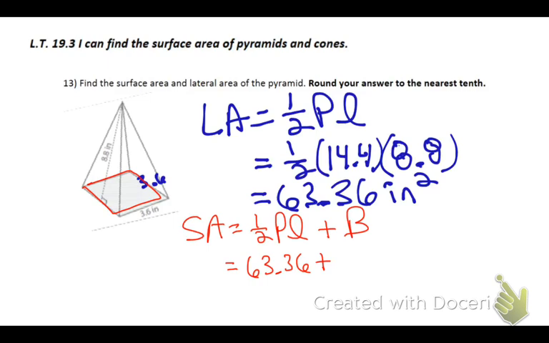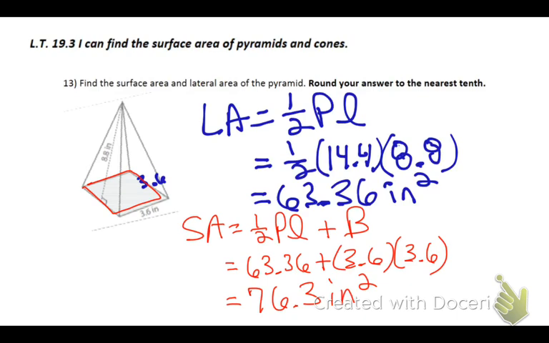So 3.6 times 3.6. So 63.36 plus 3.6 times 3.6. Okay, I got 76.32. Let's see, we're supposed to round it to the nearest tenth though. So 76.3, and that's square inches.